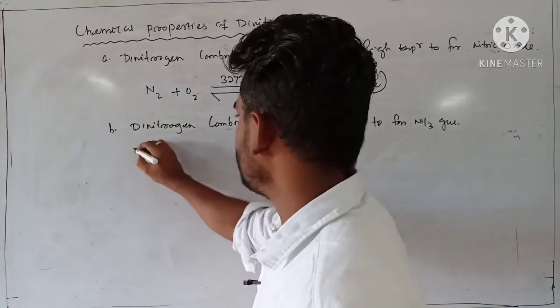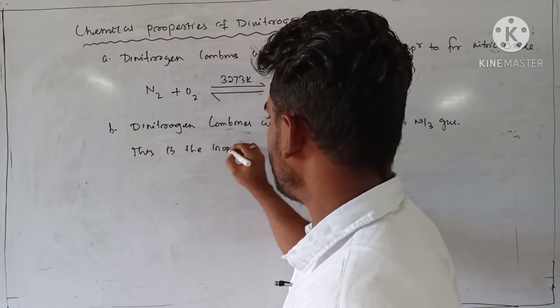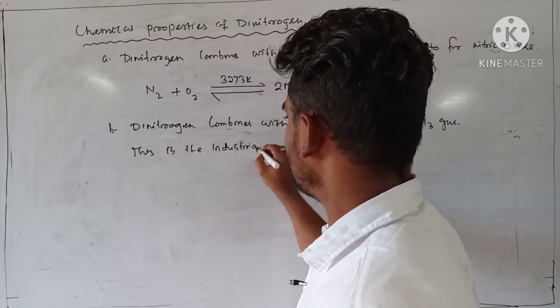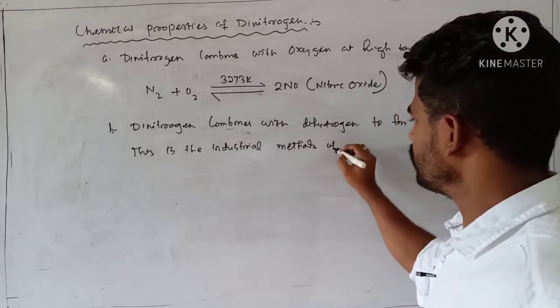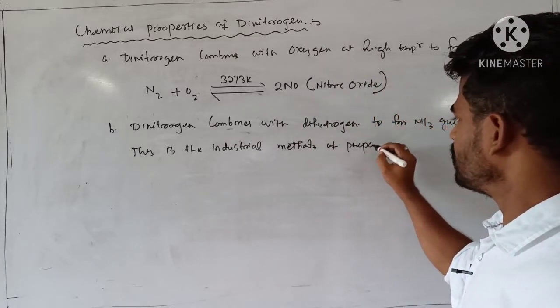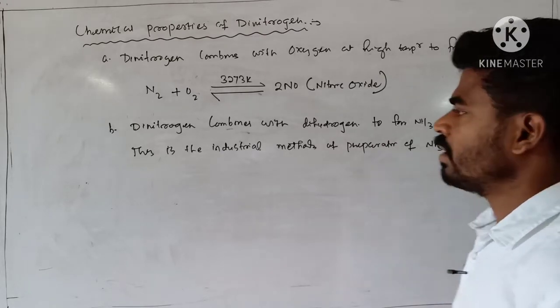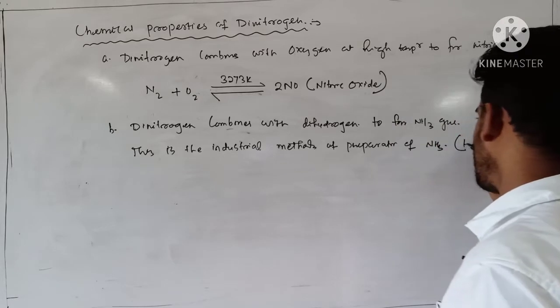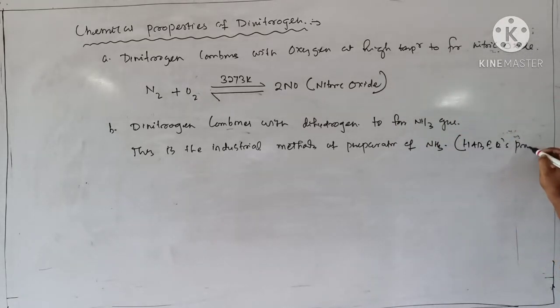This is the industrial method of preparation of ammonia, called Haber's process.